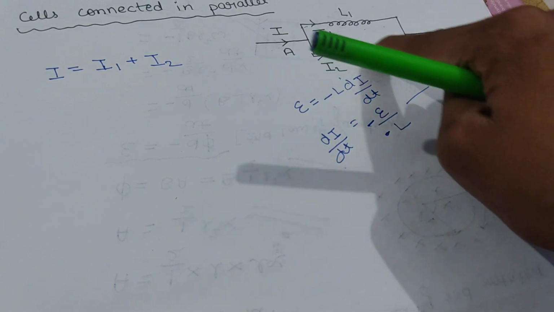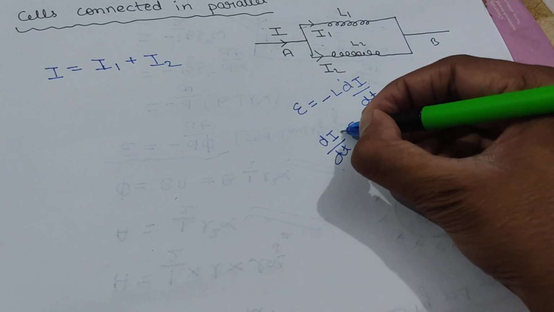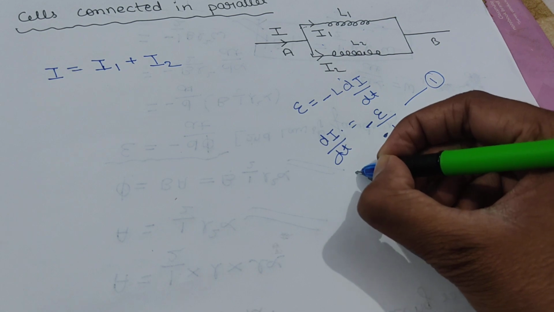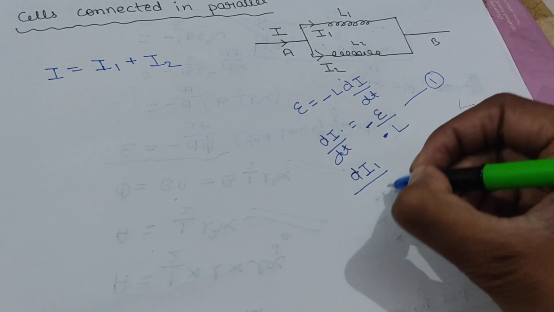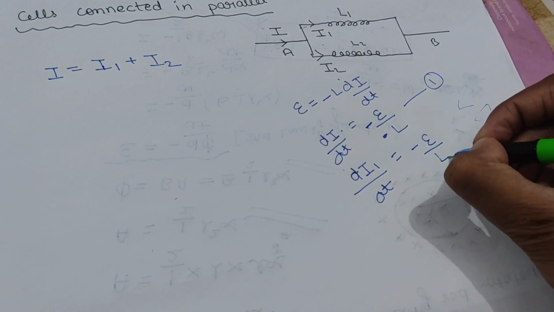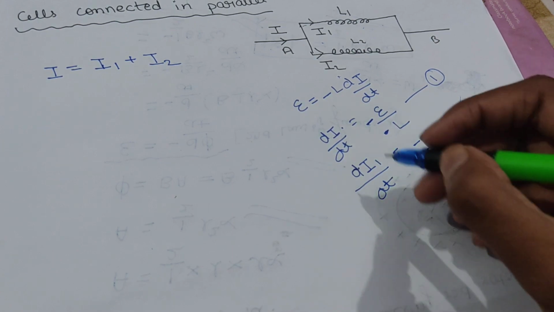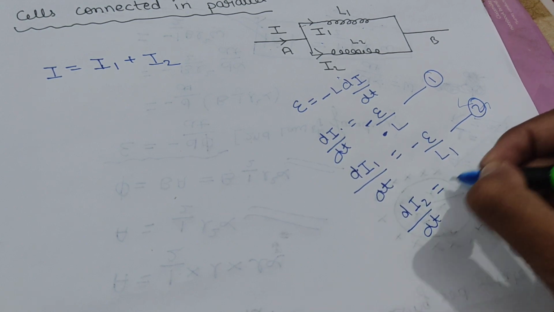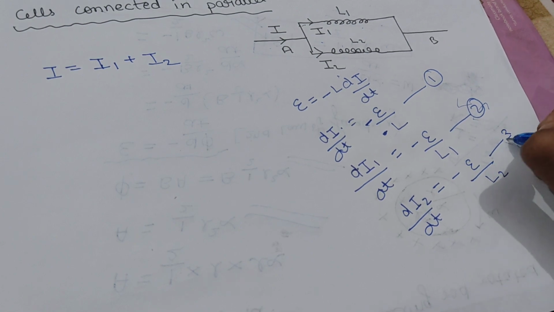For I1 and I2 we take them separately: di1/dt is equal to minus E by L1, which is equation 2, and di2/dt is equal to minus E by L2. This will be our third equation.